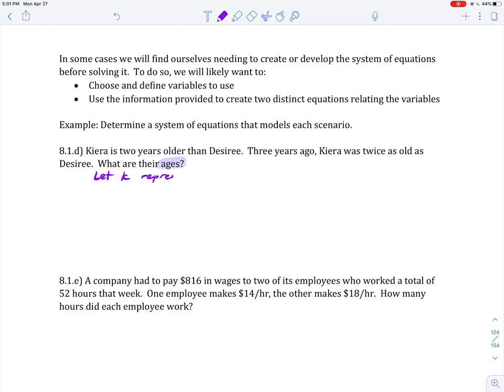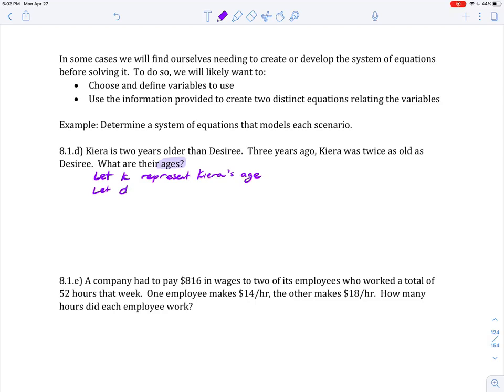I'm going to use a K for Kira. But when we write this down, we're not just going to say, like, K represents Kira. Like, Kira's what? Kira's height? Kira's number of toes? I don't know.